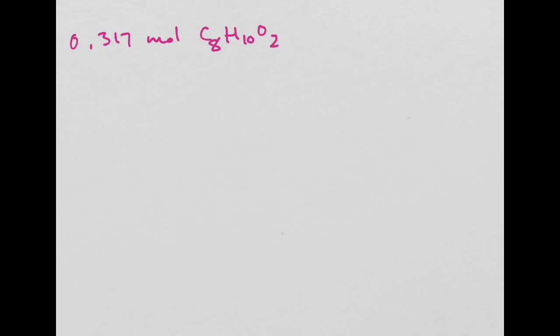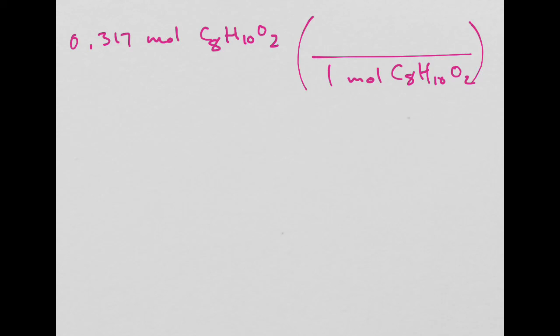And to do this mole conversion, I want to have 1 mole of C8H10O2 on my denominator, and the molar mass of C8H10O2 is 138.164 grams. And when I chuck this into my calculator, I get an answer of 43.8 grams of C8H10O2.